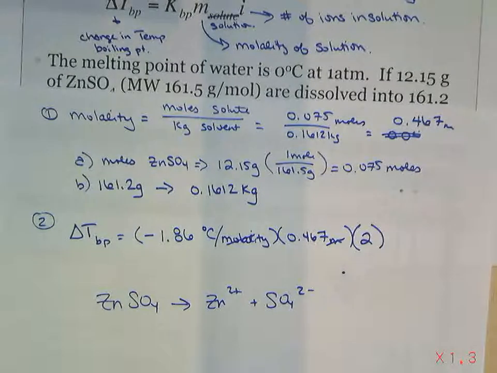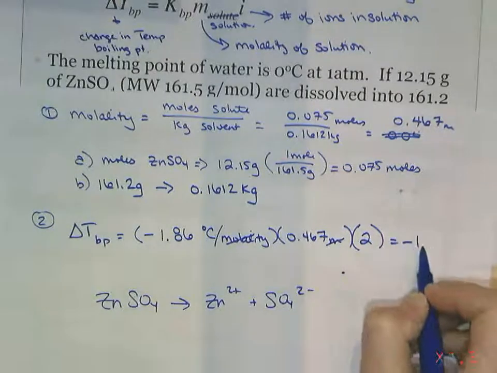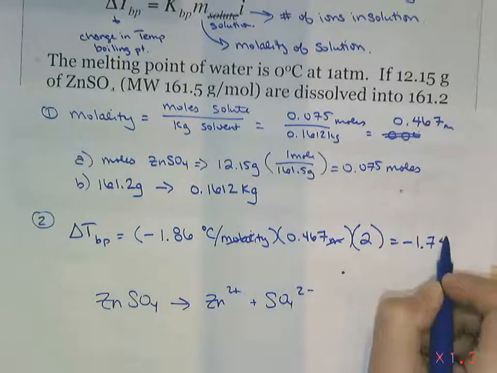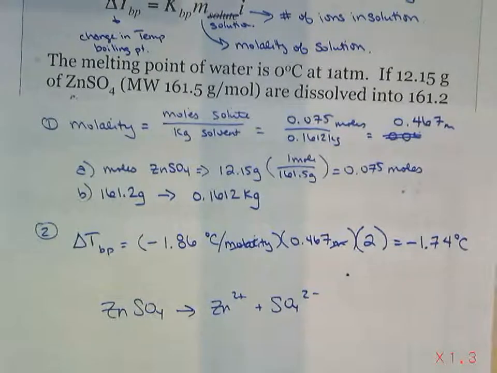So then, let's calculate that out. Negative 1.86. Are we done? If I'm asking a question, the answer is probably no. All right, so that's the change in temperature, right? Water normally melts at 0.